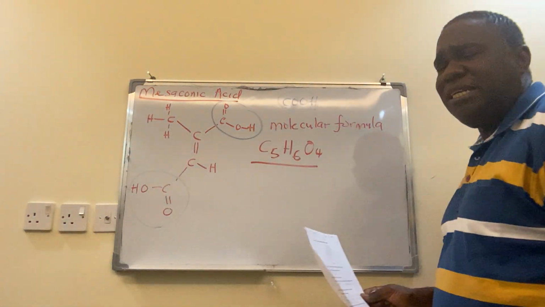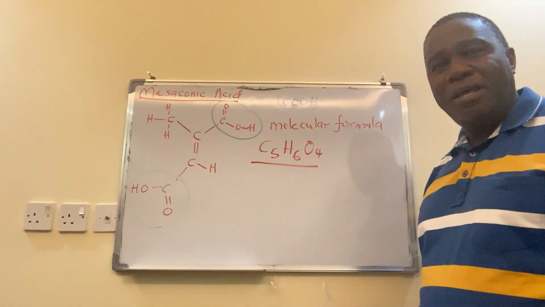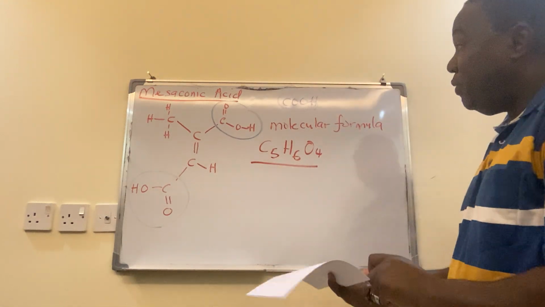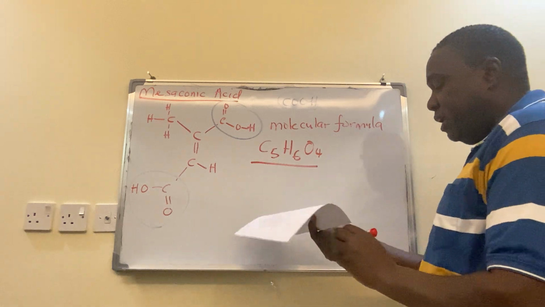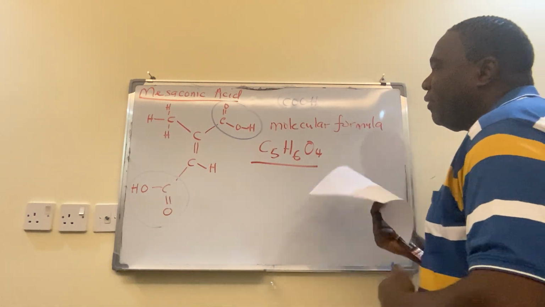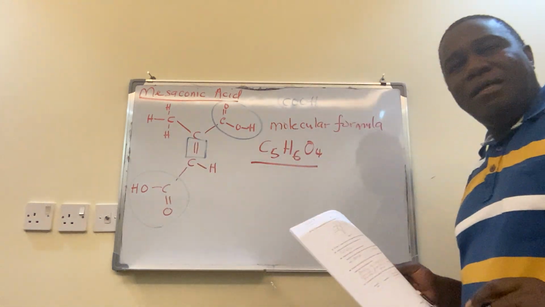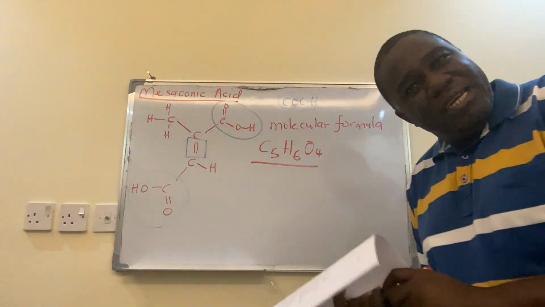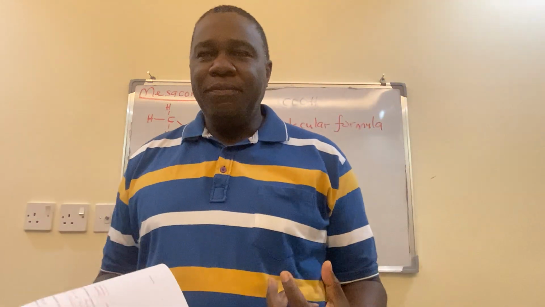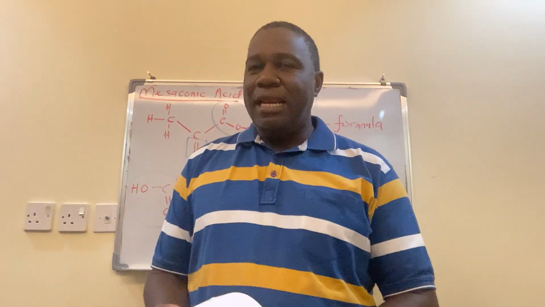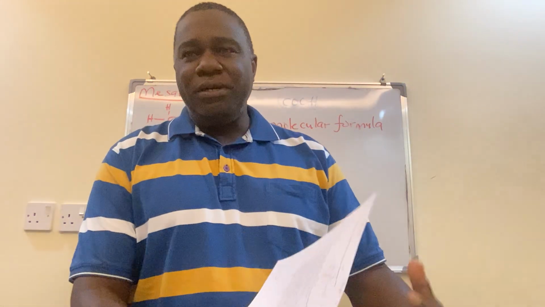Now, mesoconic acid also has a certain functional group. Can you pick it? I suppose you can. Mesoconic acid has a double bond. The double bond is here. I'm just going to indicate it by that. That's a double bond. And from our studies, what's the typical reaction that we can use in the lab to find out that this compound has a double bond?